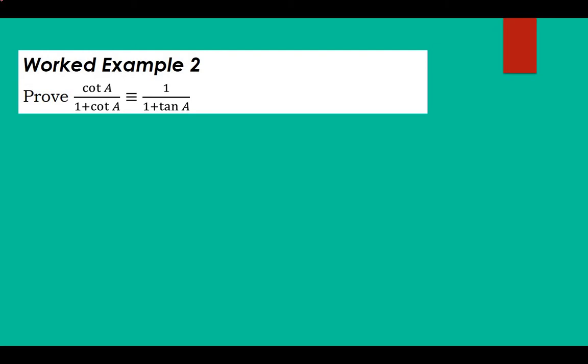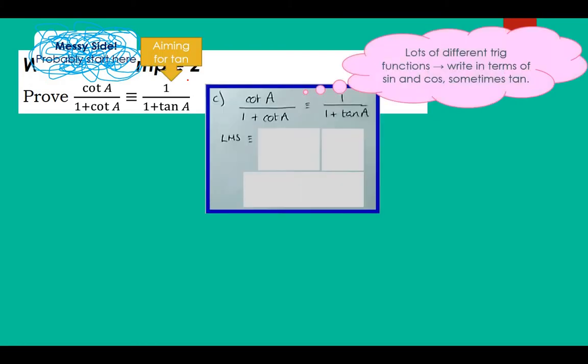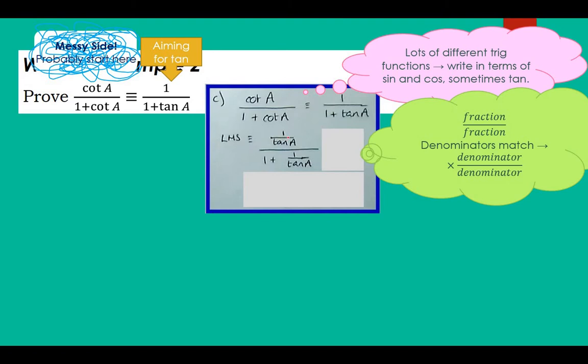Okay, again, we need to prove this, so we're going to choose our messiest side. I think the left is messier. Okay, and I'm aiming for something with tan in it. So I'm going to start on the left, and because I'm aiming for something with tan in it, I'm going to write cot in terms of tan. So now we've got a fraction in the numerator and in the denominator.